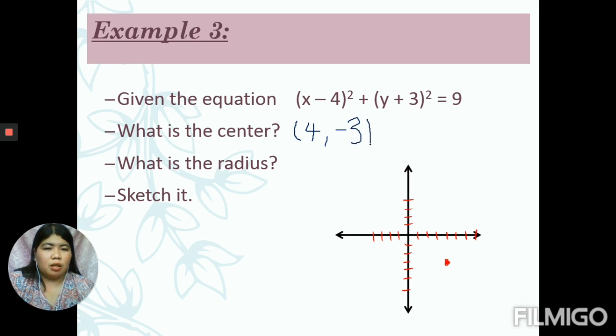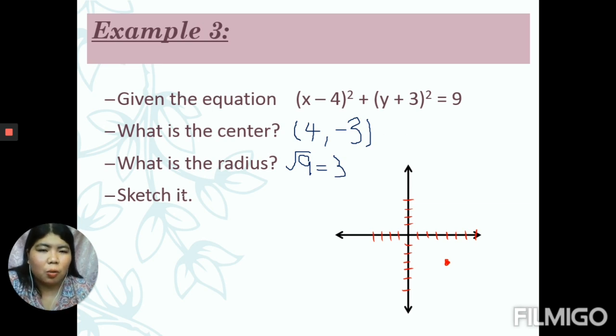Ayan, so ang ating center ay positive 4, negative 3. And then, the radius is 9. Get the square root of 9. Square root of 9 is equal to 3. Therefore, our radius is 3.